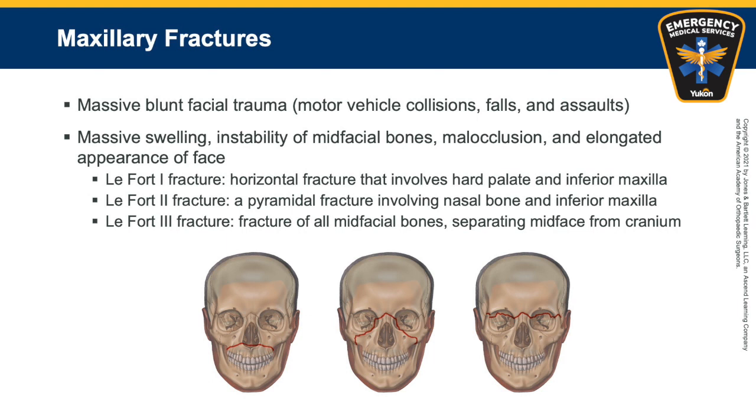We don't expect you to remember all of these or be able to diagnose them in the field. This is something just for you to be aware of and realize that it could be very bad for your patient. If you have a suspicion of this kind of fracture, it's going to be very difficult, if not impossible, to bag the patient if you need to do a BVM.